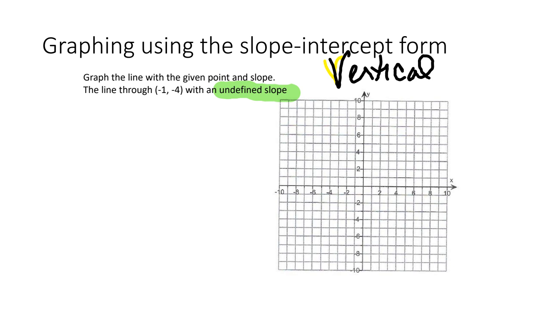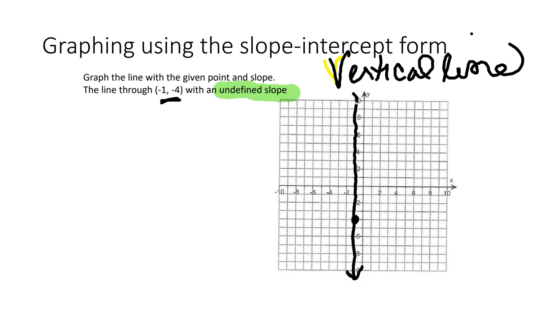Find this point, (-1, -4). Okay, that's going to be right out there, right here. Well, vertical is this point.